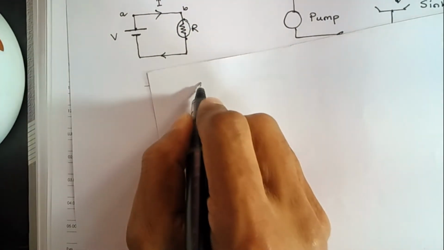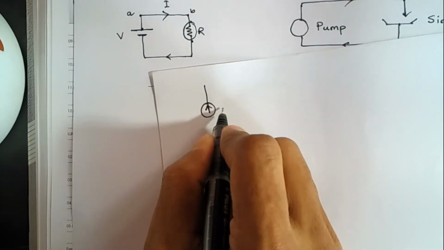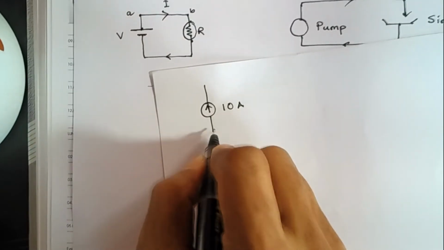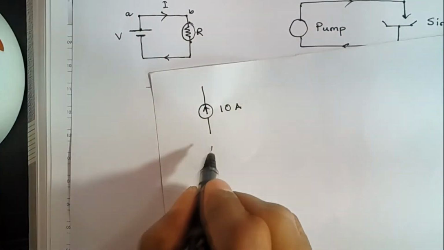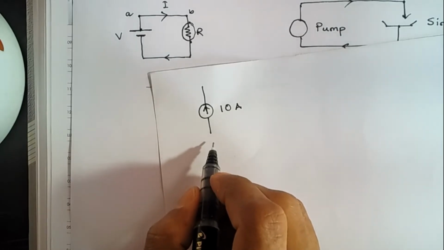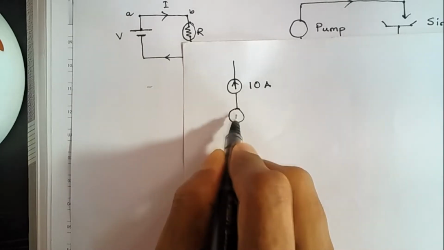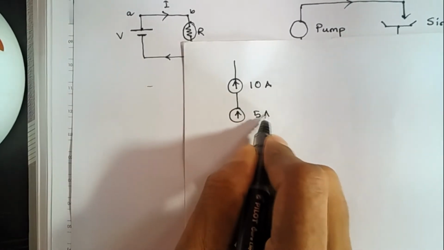Next comes the current. Let's consider this is a 10 amp current source, and we have connected another current source in series with this one. This is 5 ampere.